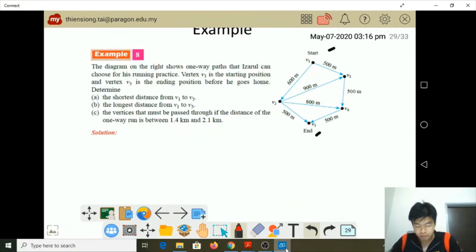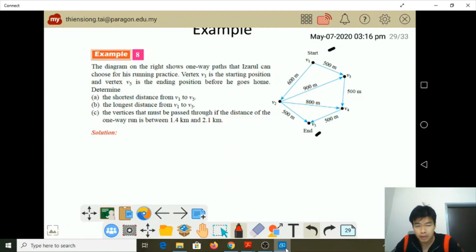The diagram on the right shows the one-way paths that Izaro can choose for his running practice. Vertex V1 is the starting position, and vertex V5 is the ending position before he goes home. Determine the shortest distance from V1 to V5, the longest distance from V1 to V5, and the vertices that must be passed through if the distance of the one-way run is between 1.4 km and 2.1 km.